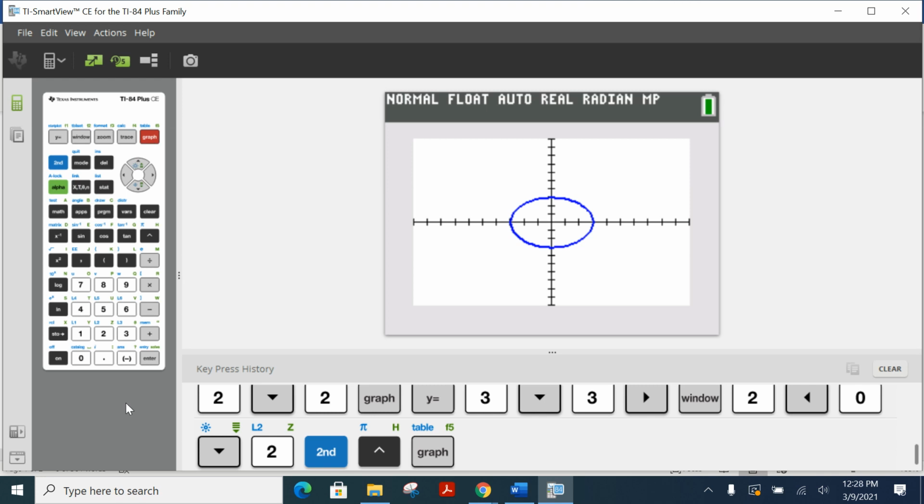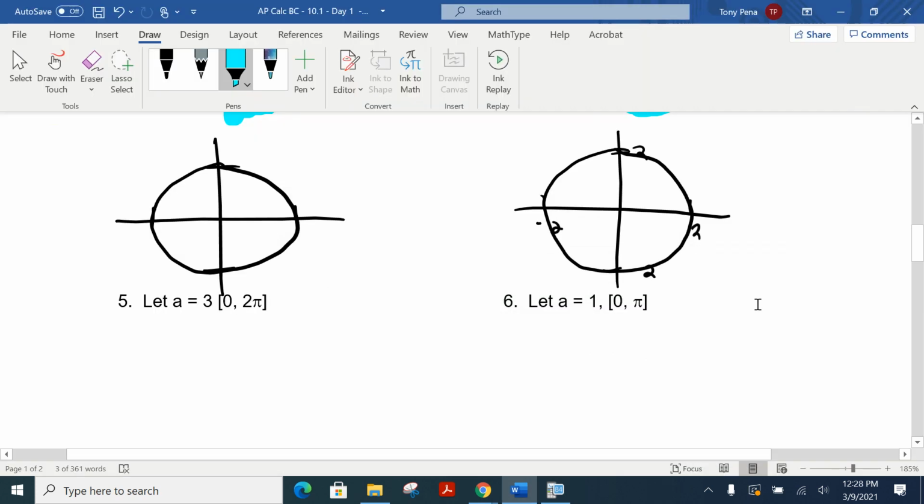Hit graph. And we still get a circle with a radius of 2 centered at the origin. So now, without our calculator, just anticipate what you think is going to happen with this fourth one. So let me draw on the third one here. So now we just have a radius of 3.